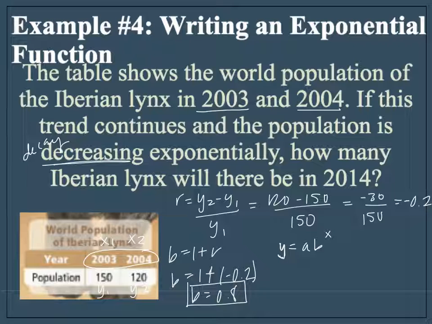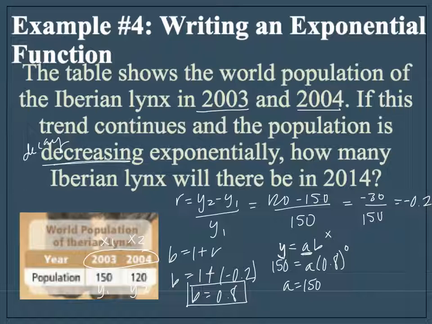So our y-intercept here is 150, but to prove that to you, I actually will go back and write that. This is 150 because that's the first y, equals a times b is 0.8. And to figure out what the y-intercept is, remember that's when x is 0, so you substitute in 0 for x. Obviously 0.8 to the 0 power is 1, so then you would get that a is equal to 150, which was basically just proving what I said anyway, that since we know that a is a y-intercept, just look back at the first y value.